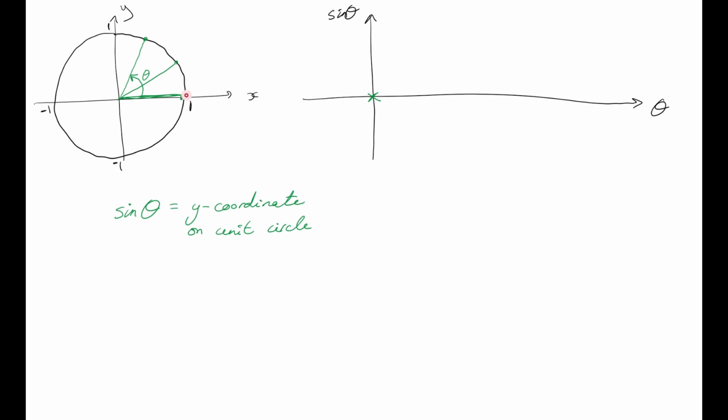When I start from theta is 0 and I increase it, initially we have a very fast increase in the y coordinate. Most of my motion from here to here is in y. So the y coordinate increases. From here to here, okay, it's still increasing, but there's more sort of x movement and y isn't increasing as much.